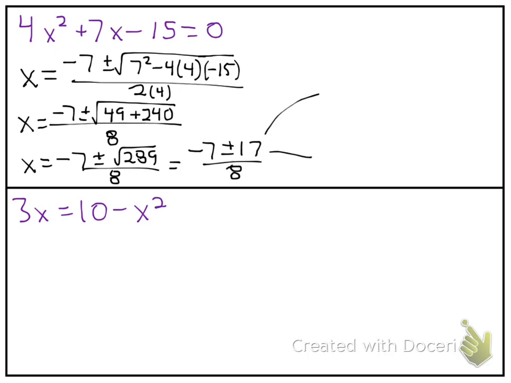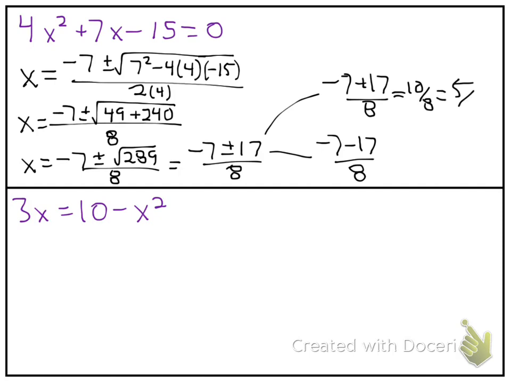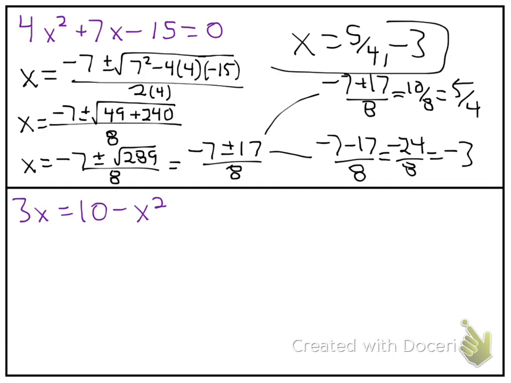From here, look at my 2 solutions, negative 7 plus 17 over 8, and negative 7 minus 17 over 8. The first one I get 10 over 8, which is 5/4. And then we have negative 24 over 8, which is negative 3. So our 2 solutions are 5/4 and negative 3.